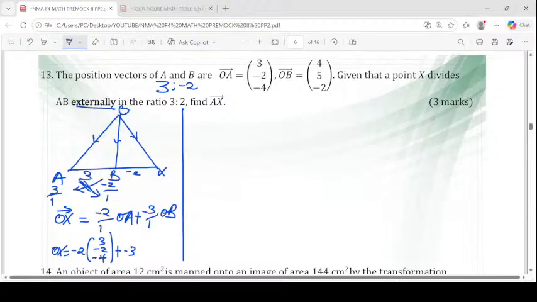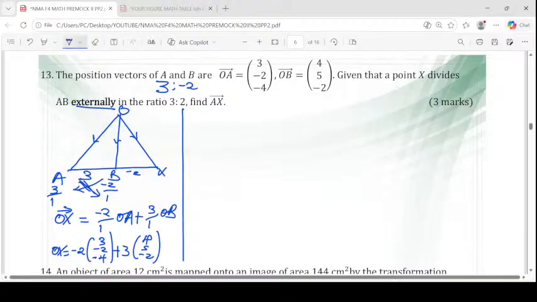Is it really negative 3 or positive? No, it will be plus 3, not negative. I want you to be very keen. This one here is positive. So it is now plus 3 into OB, which is 4, 5, negative 2.